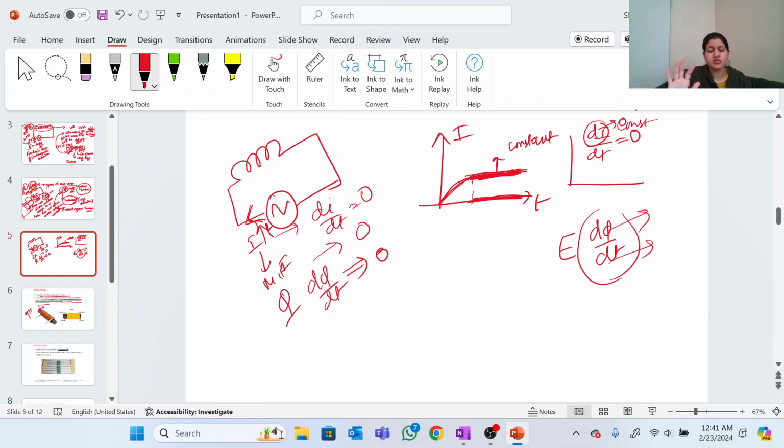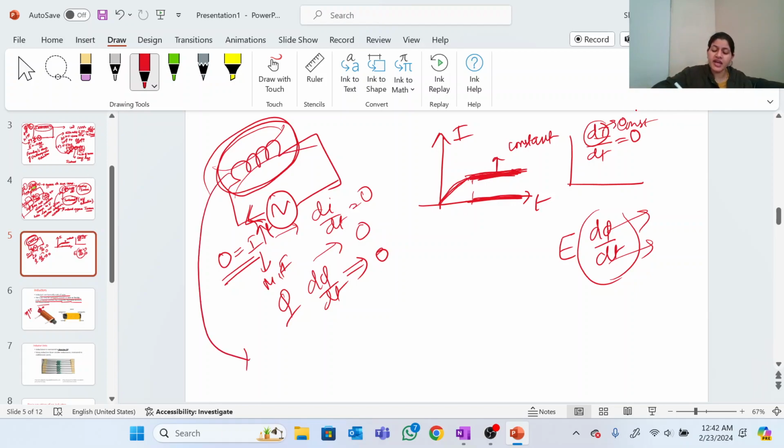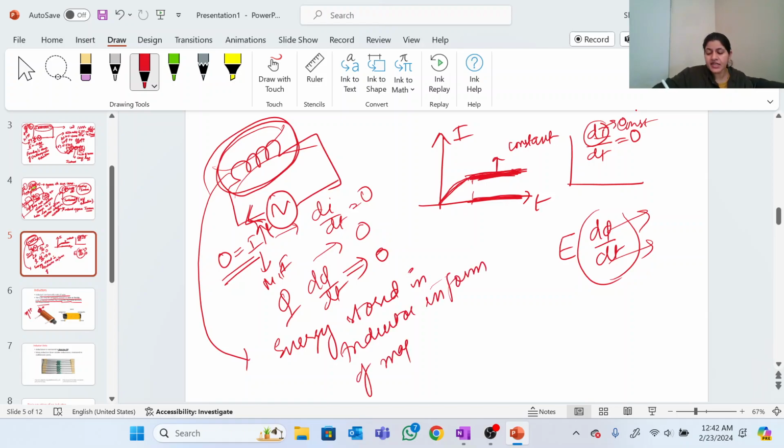Let's suppose that we have kept it at 0. So all the magnetic energy will be stored in the form of those magnetic lines and all the flux. So there is a lot of energy stored in the inductor in the form of magnetic energy.